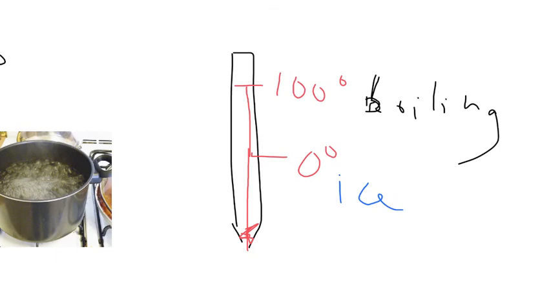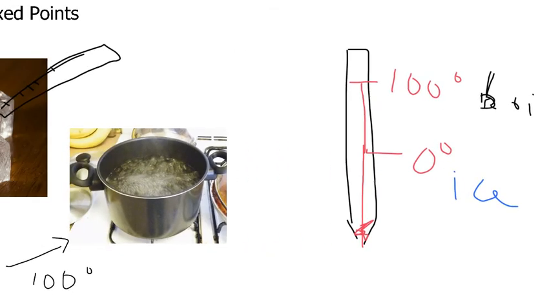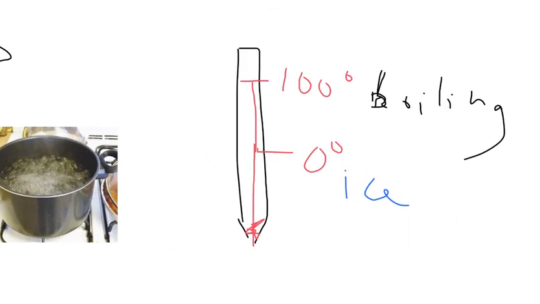That's totally messy. Okay, so these are fixed points, fixed meaning that they never change. If you have boiling water at sea level, then you know it's going to be this temperature. If you have melting ice pretty much anywhere, you know it's going to be this temperature. So you can use melting ice in order to mark that temperature on a thermometer if it was not marked already.